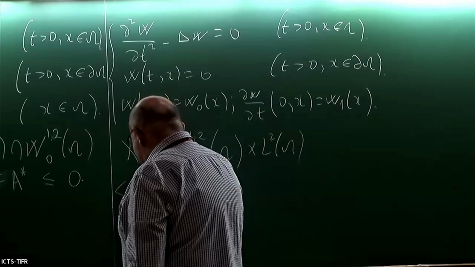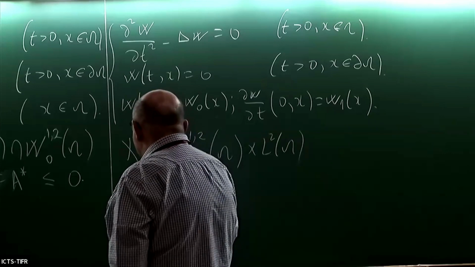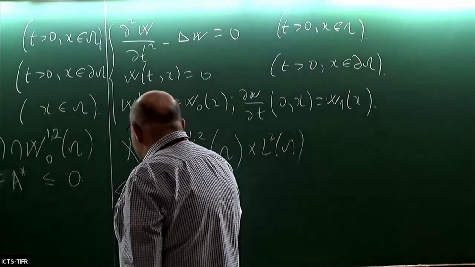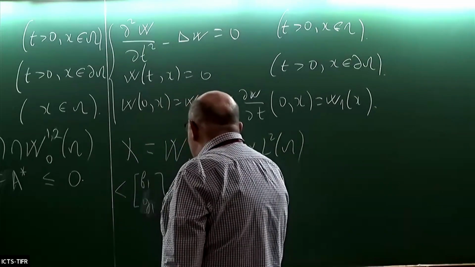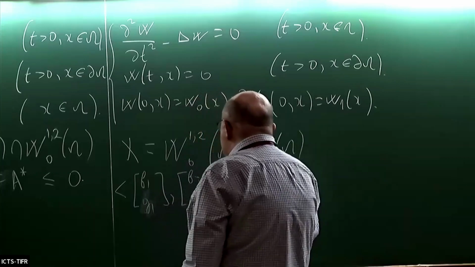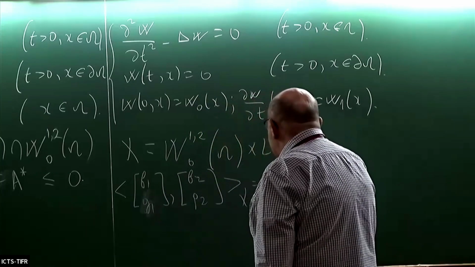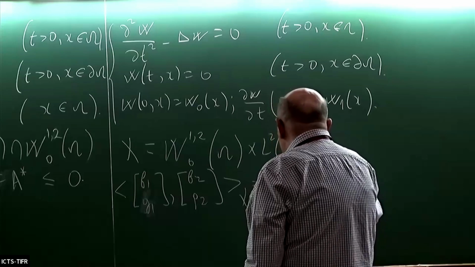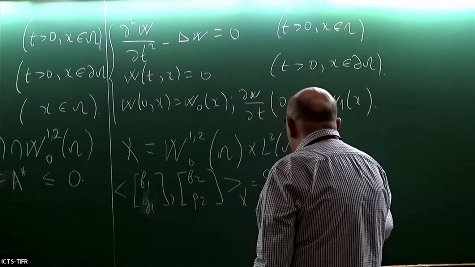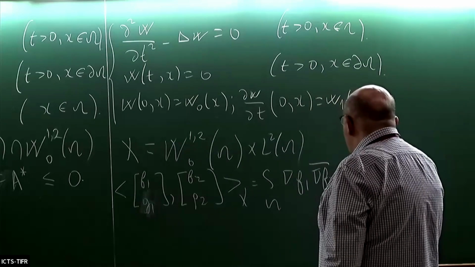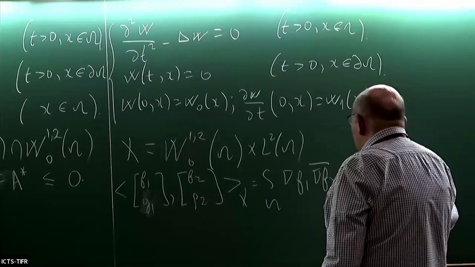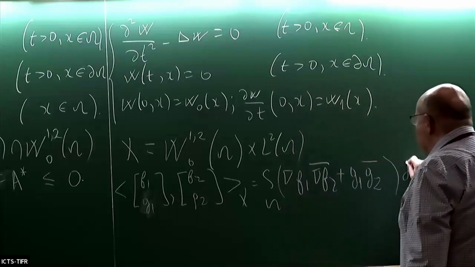That's a useful remark. The inner product of (F1, G1) and (F2, G2) in X is equal to the integral over omega of gradient F1, gradient F2 conjugate, plus G1 G2 conjugate dx.